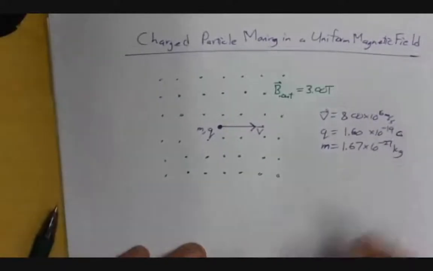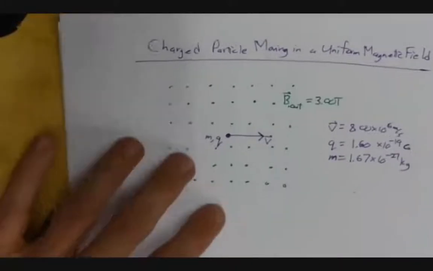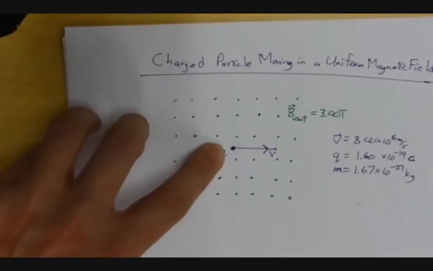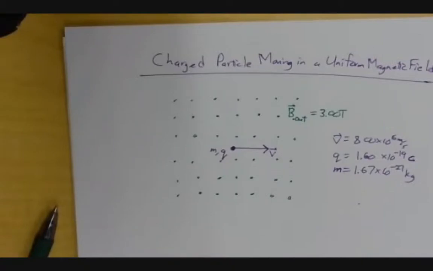Okay, so first of all, what direction will he feel his force right now? So we do right-hand rule, and what direction do we get? I can't get my hand there. I think down the page. Yeah.